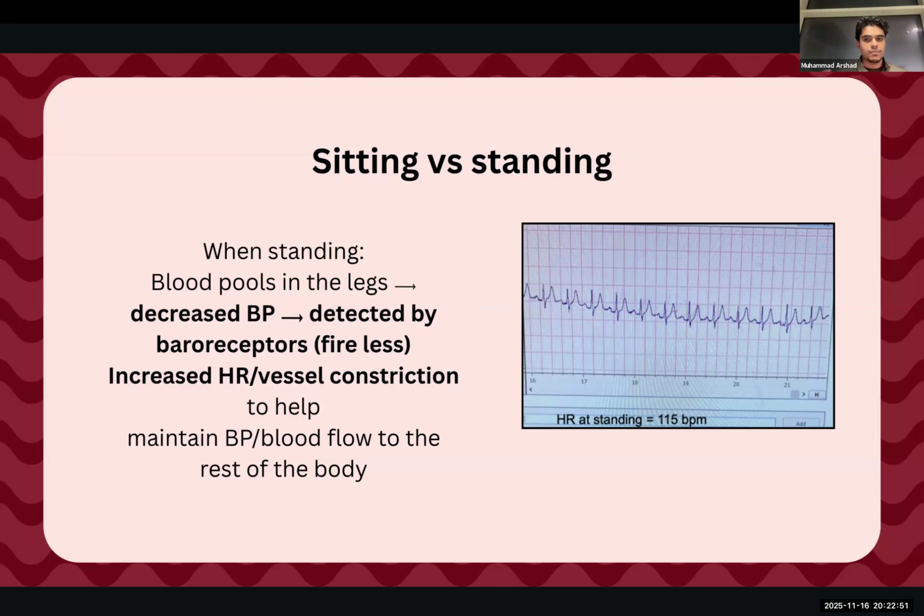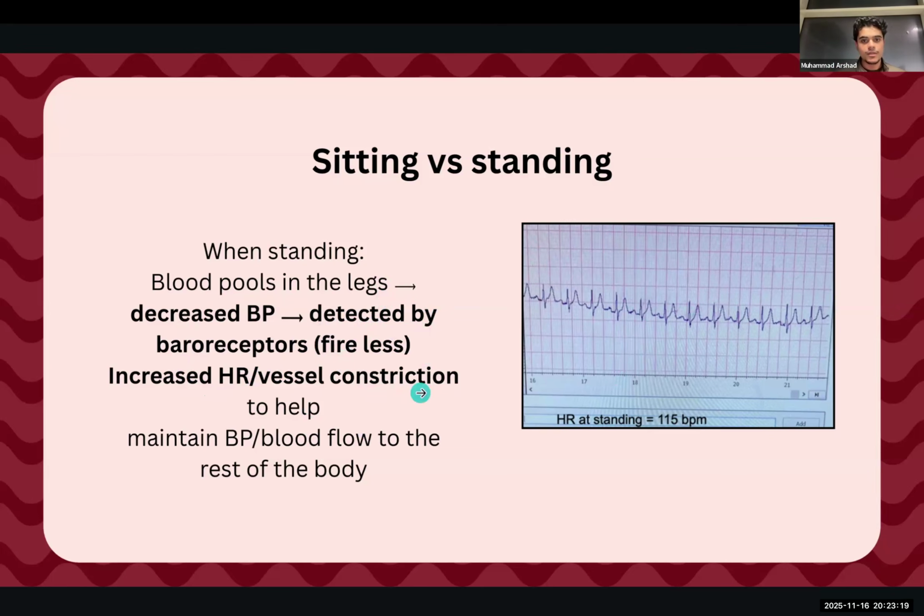I'm sure you guys have heard of orthostatic hypotension, which is basically when you stand up and then your body can't compensate for that sudden decrease in blood pressure. But in this case, the person's body did compensate because the baroreceptors detected that there was a decrease in blood pressure, and as a result, they fire less, and then that in turn leads to an increase in the heart rate and vessel constriction, which helps to maintain the blood pressure and blood flow to the rest of the body.